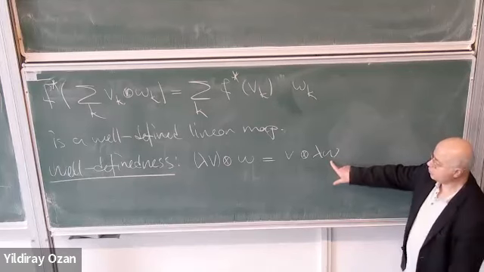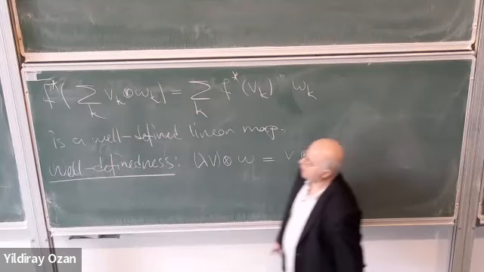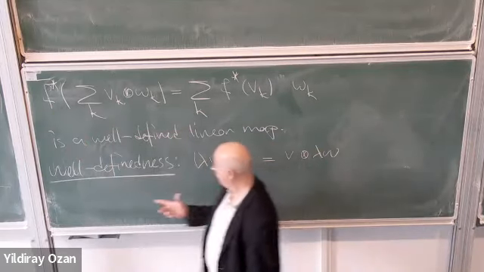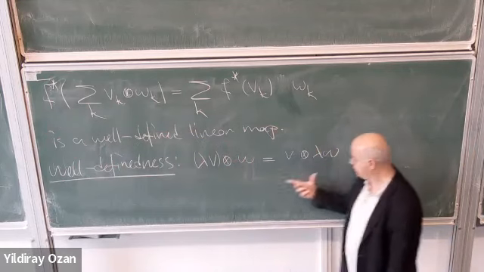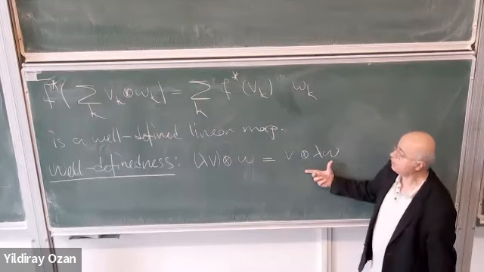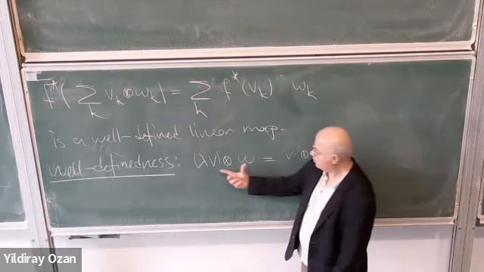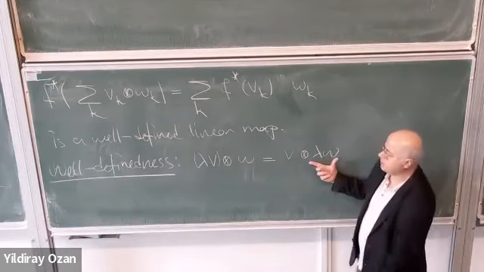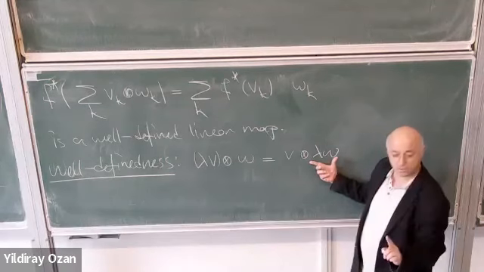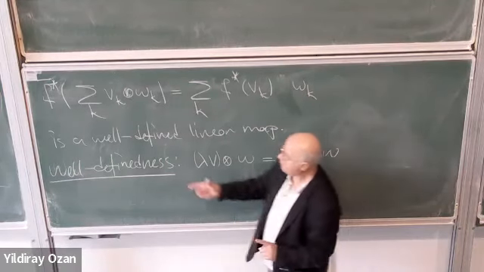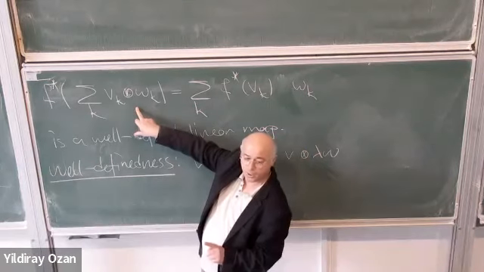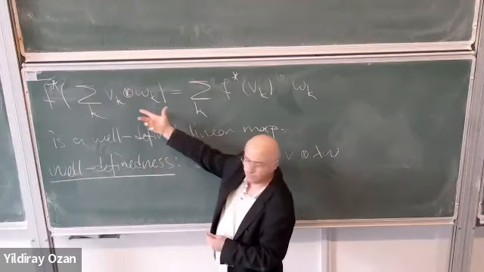So I have to show that F bar star of something like this is the same as F bar star of this gadget. Because these two expressions as tensors are the same, but my formula uses this expression.